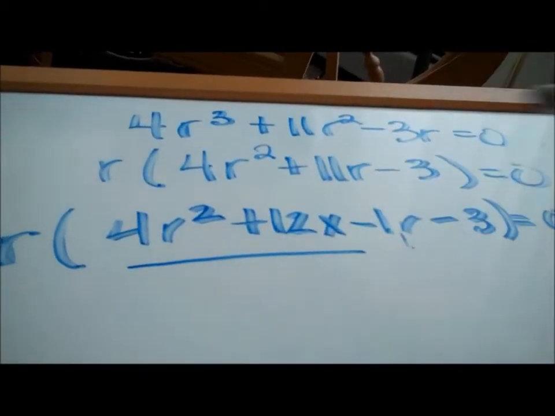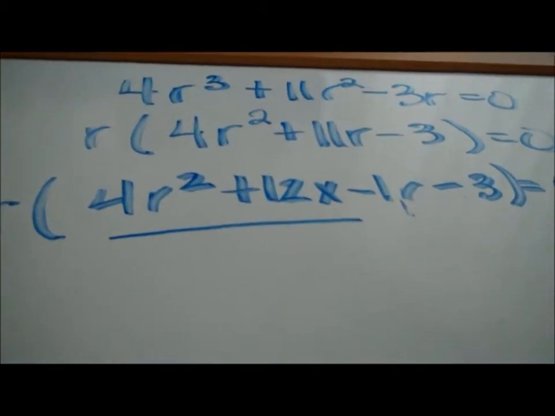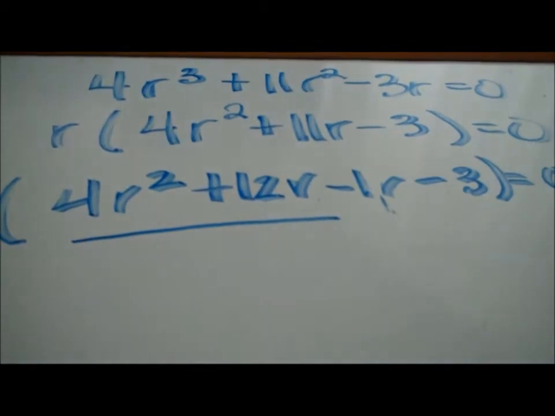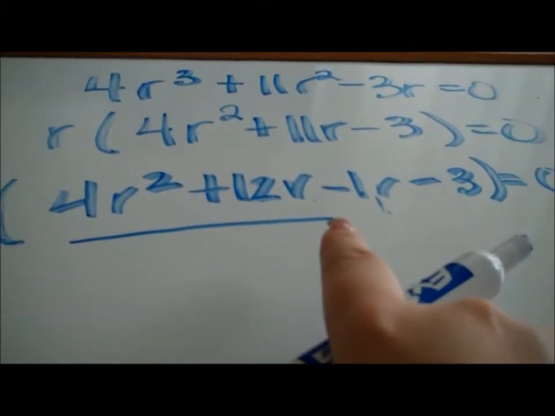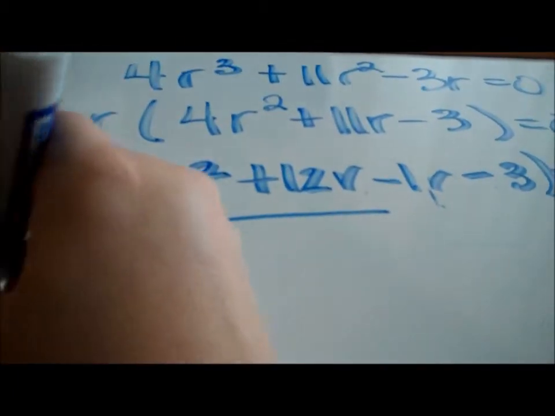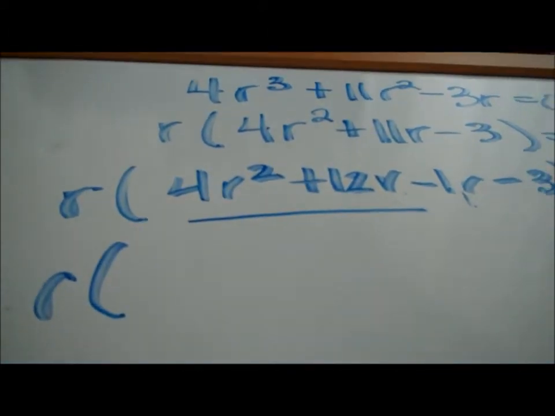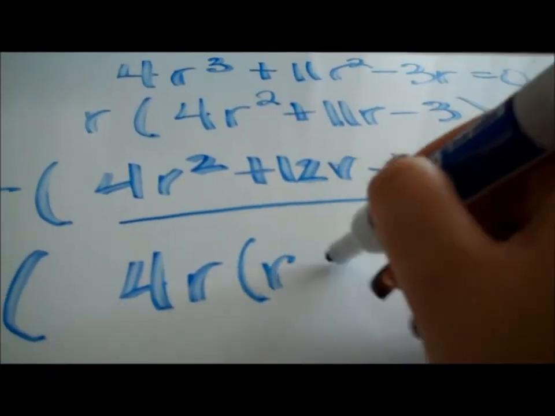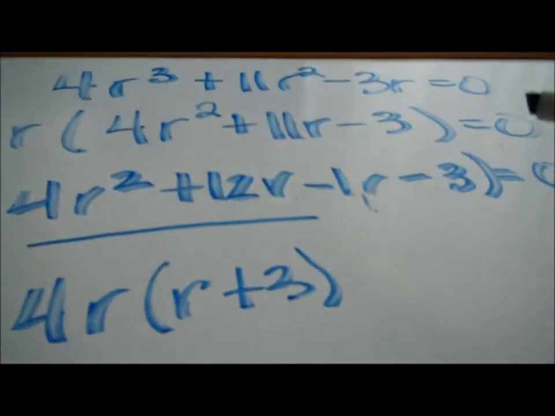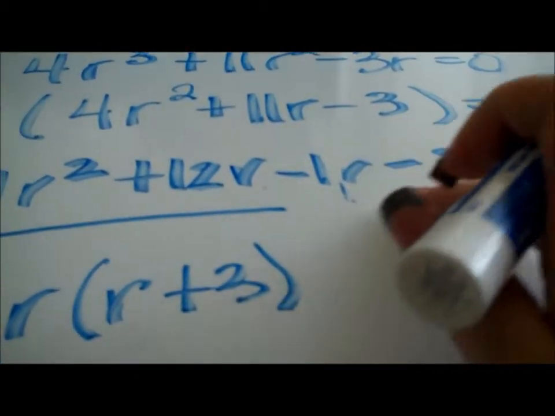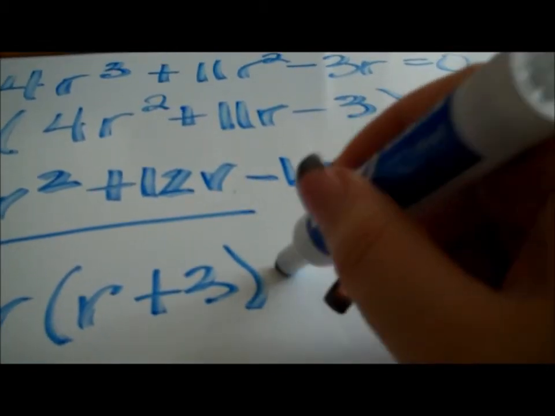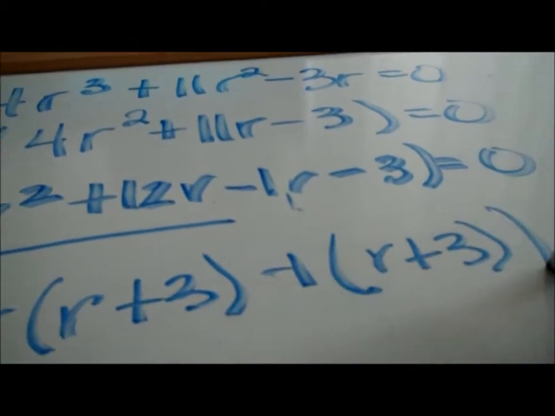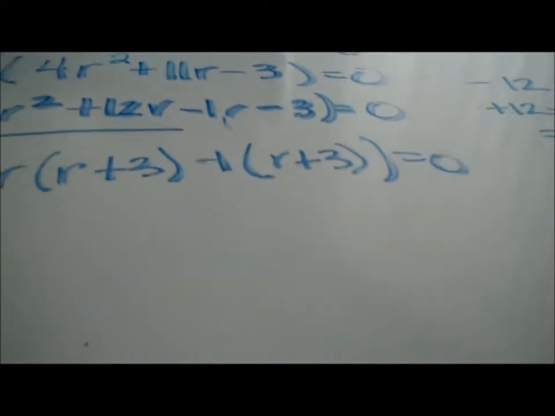Again, factor by grouping. I put an x instead of an r. Apologize for that. We need to factor out a greatest common factor, which in this case is 4r. Don't forget the r out front. It still needs to stay there. So I factor out a 4r. I'm left with r plus 3. Here I have a negative 1 that I can factor out. So I factor out a negative 1. I get r plus 3 equals 0.